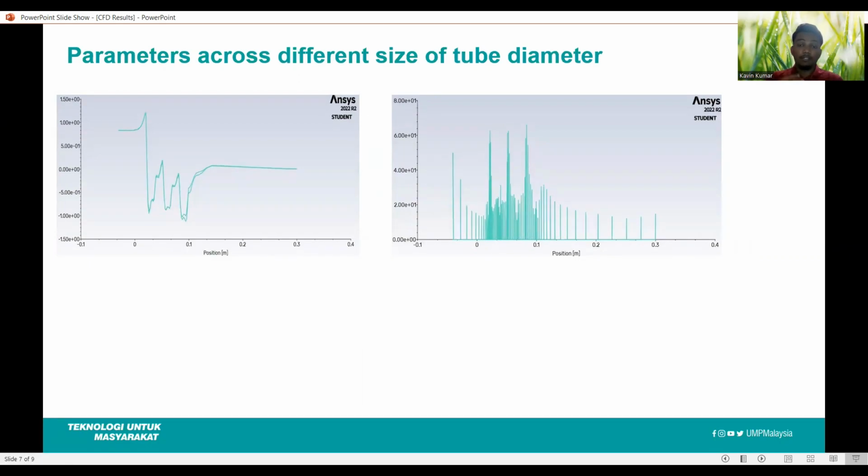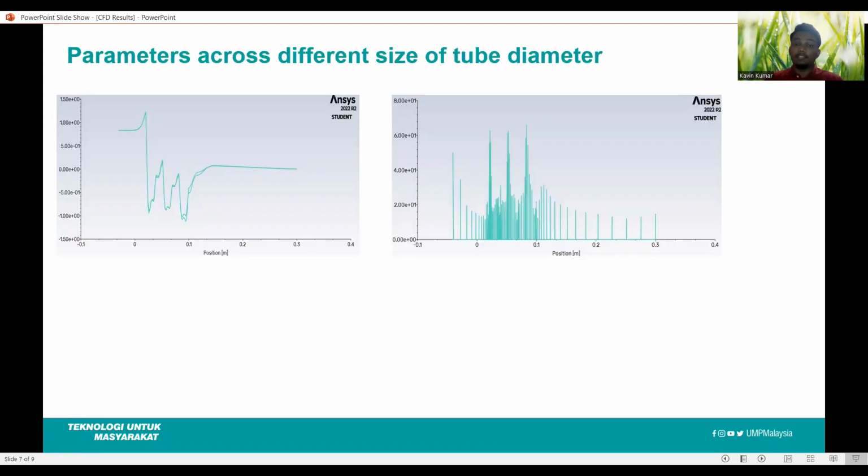So when the pressure drop is high, the heat flow will be greater, so the process will be easier. The right-hand side shows the heat transfer coefficient, which is increasing whenever the tube diameter is increasing. So whenever the tube diameter is increasing, the heat flows well enough from the inlet to the outlet area.